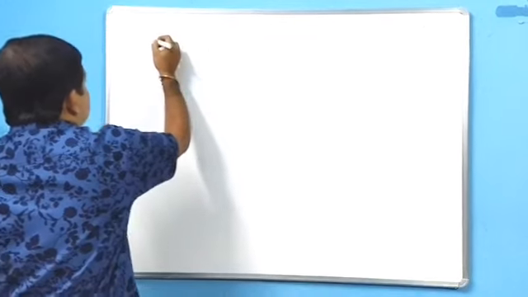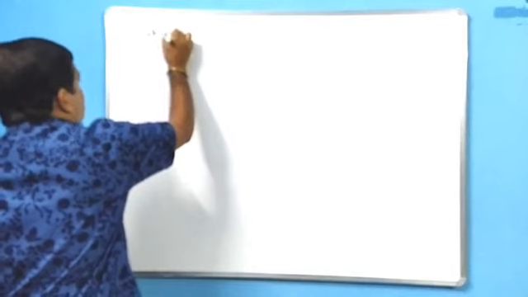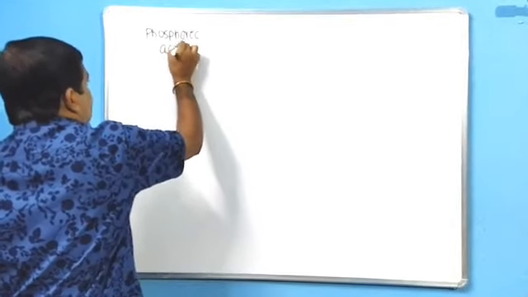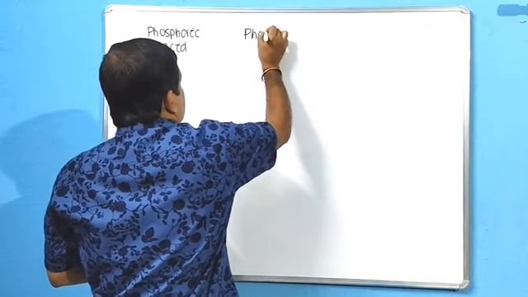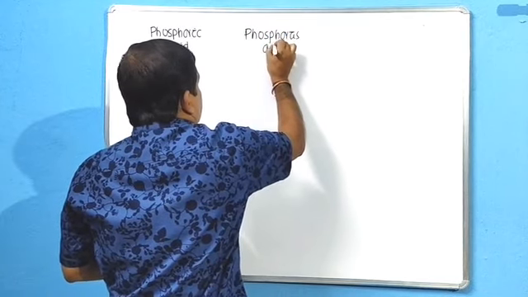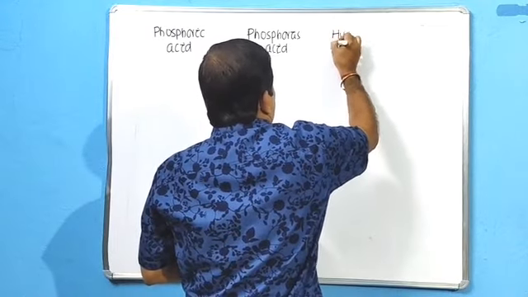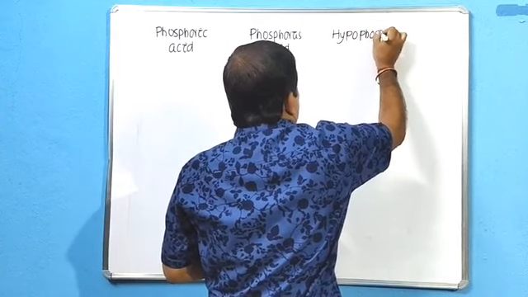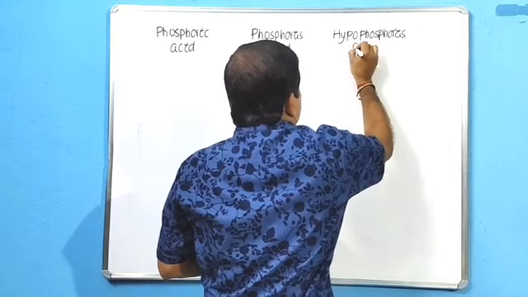So we will compare 3 things: phosphoric acid, then phosphorus acid, then hypophosphorus acid.